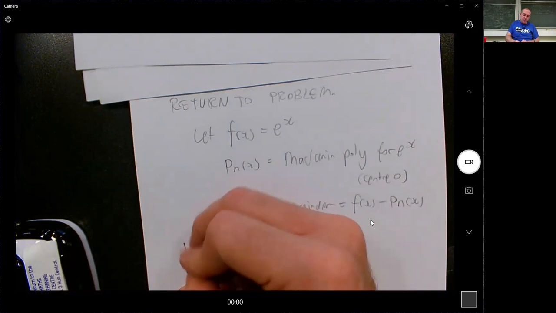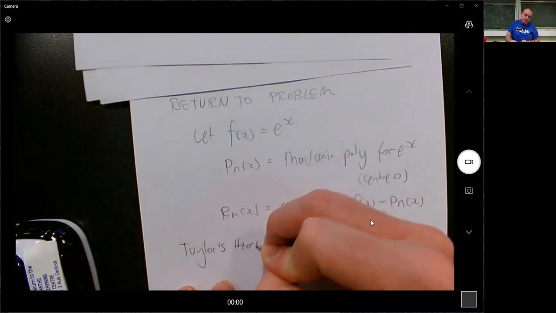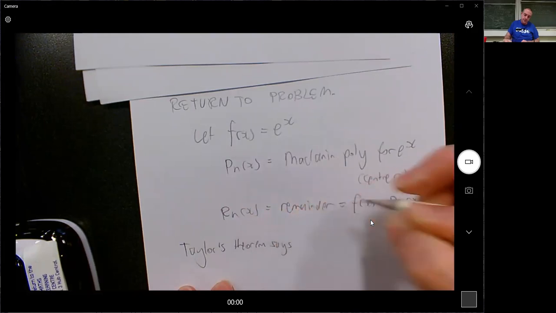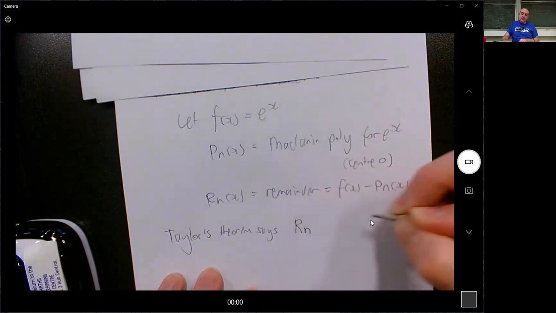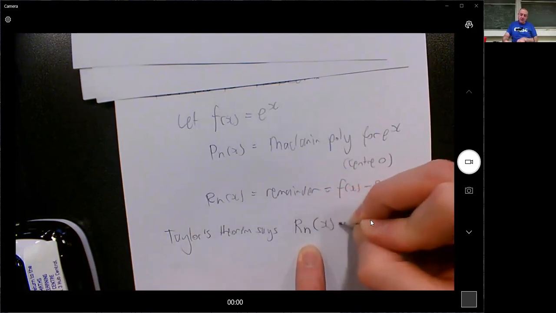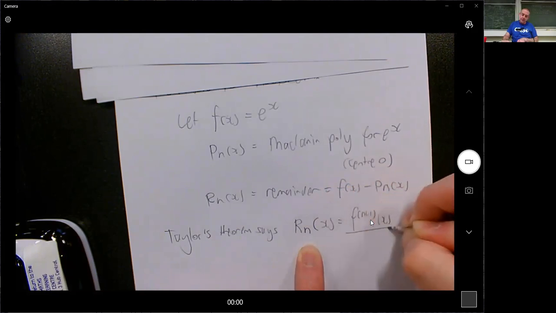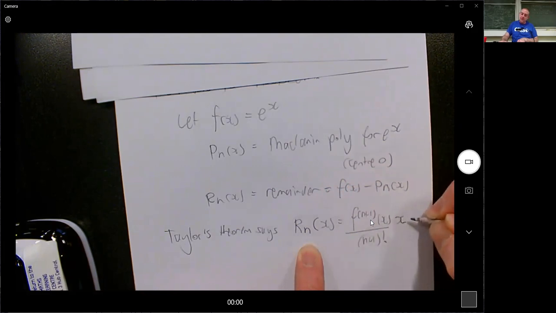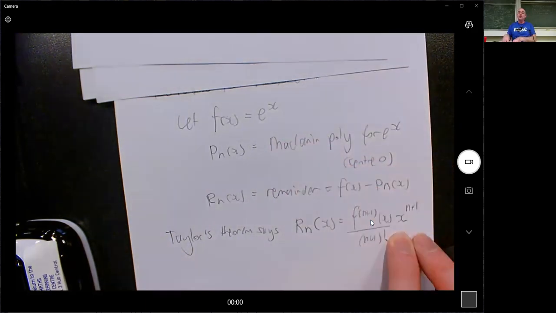And Taylor's theorem says that the error, the remainder for the degree n Taylor polynomial at x, is f to the n plus 1 of z over n plus 1 factorial times x minus 0 to the power of n plus 1, because the centre is 0, because it's a Maclaurin polynomial.